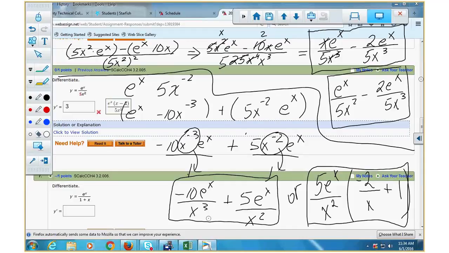Now my problem is what I do wrong here. First times the derivative of the second plus the second times the derivative of the first. Negative 10 x to the third e to the x, plus 5 x to the negative 2 e to the x, bring that down, unless they got a common denominator.